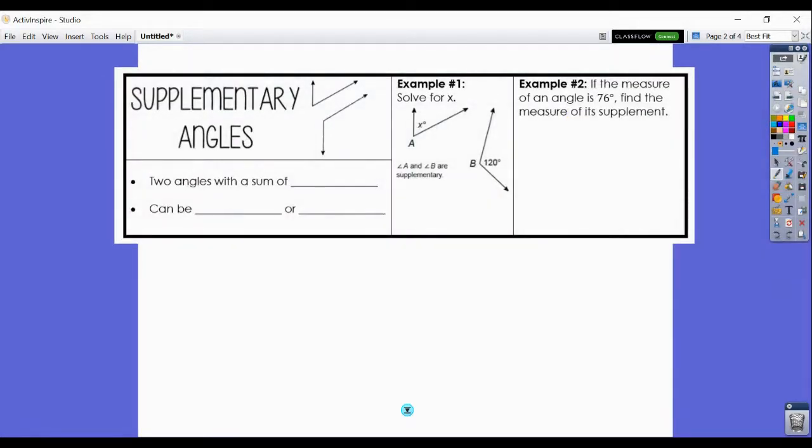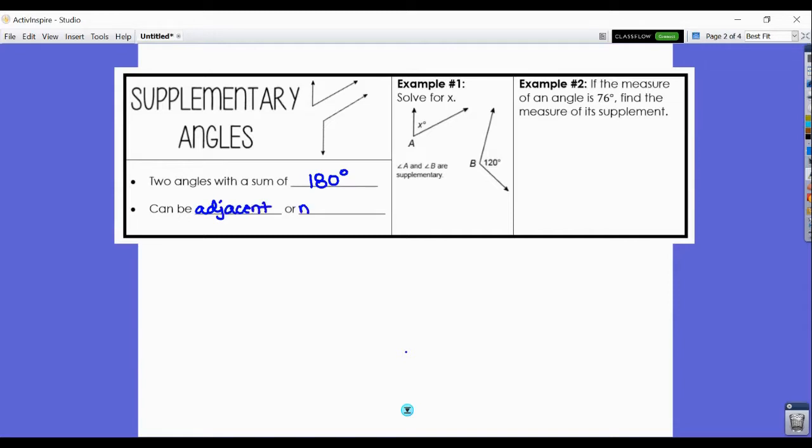The next type of angles we're going to talk about today are supplementary angles. These angles are two angles with a sum of 180 degrees. So they sum up to 180 degrees. They can be adjacent or non-adjacent.